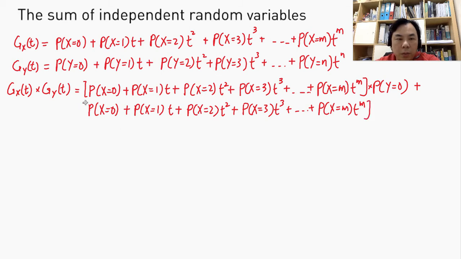Okay, now that will be my second expansion. That would be P(Y=1) times t now. I hope that you can see there's a t there. And then, of course, I'm going to expand it further so that you can see this more explicitly.